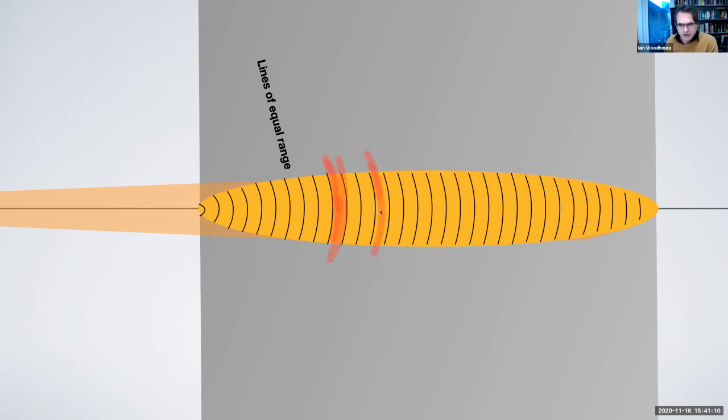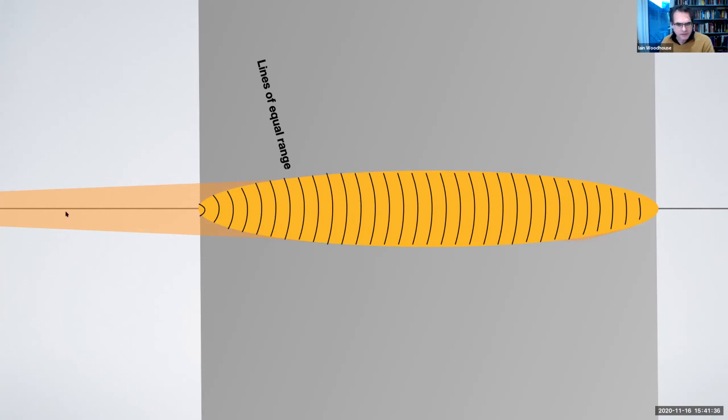Now you notice I've drawn it with a curve here, and that's exaggerating the fact that we've got a center point, but there is an angle, so there is a curvature to that pattern. They're not exactly straight lines. I've exaggerated the curvature because the center of the circles is further back here. At the edge of the beam, you're slightly further away from the radar system than you are at the center of the beam.